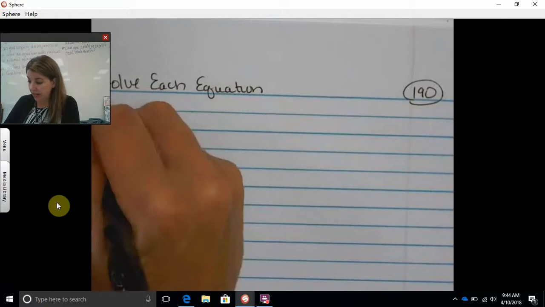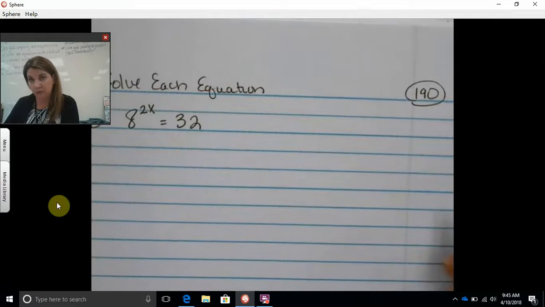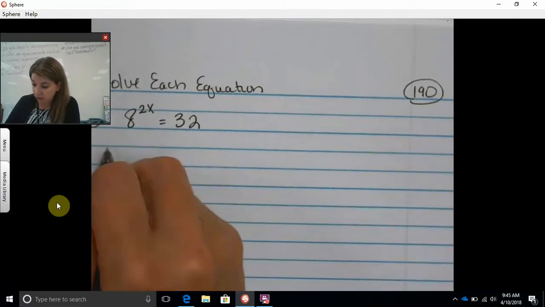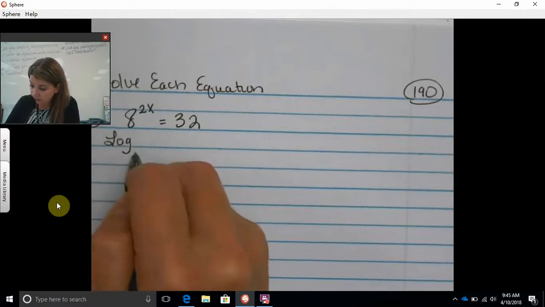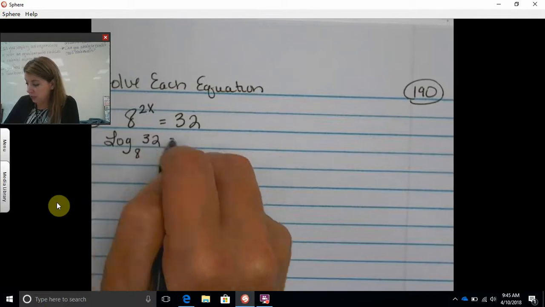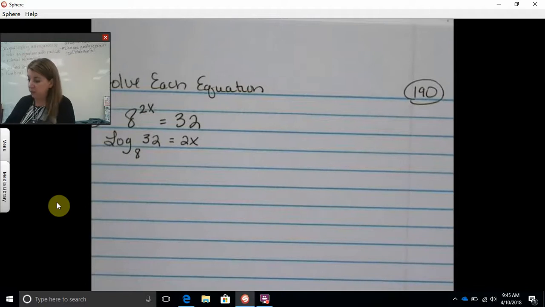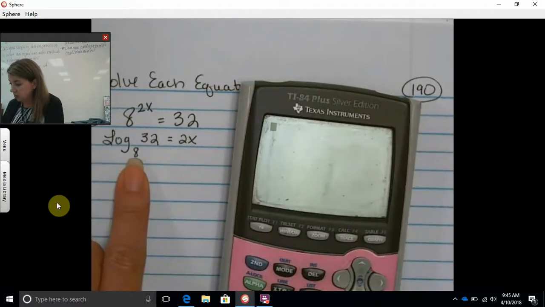On the first one, we have 8 raised to the 2x equals 32. I'm going to write that as a logarithm. So that would be log base 8 of 32 equals 2x. I use change of base to evaluate it: log of 32, close parentheses, divided by log of 8.